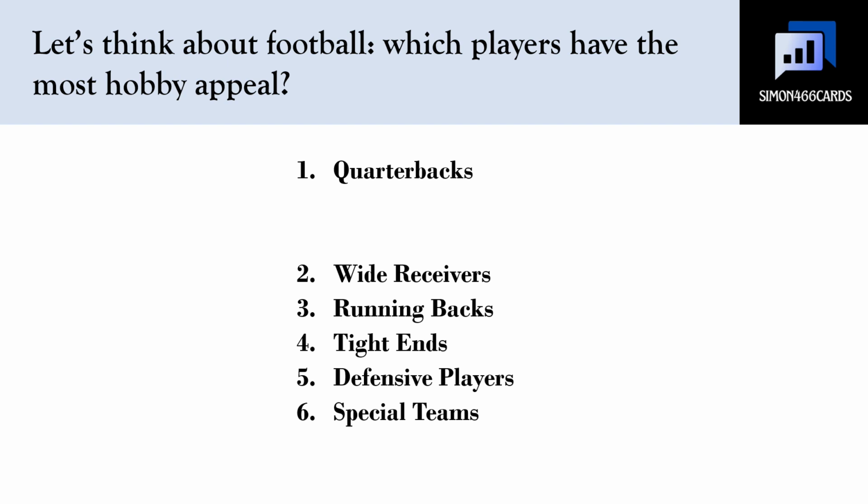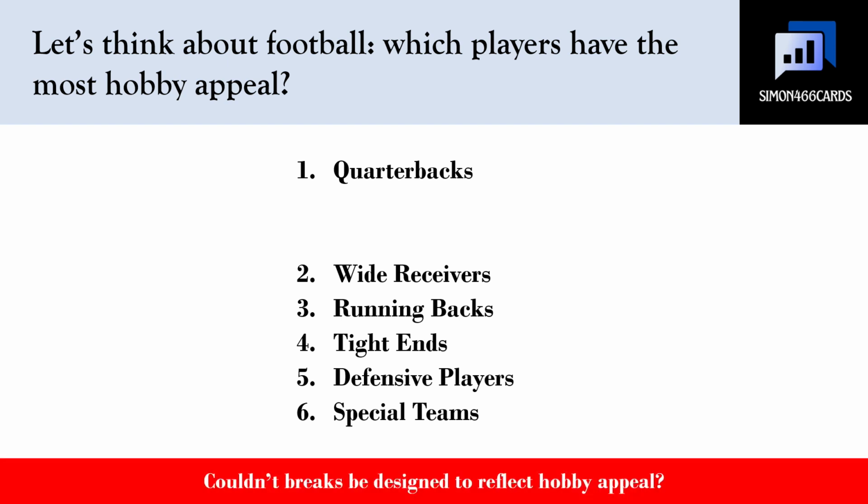I don't think there's any debate about that. And so shouldn't we design breaks in such a way that reflects this big emphasis on quarterbacks and lesser emphasis on the other positions? Because that type of break would reflect the different levels of hobby appeal for the different positions, right? And so that's the actual idea.